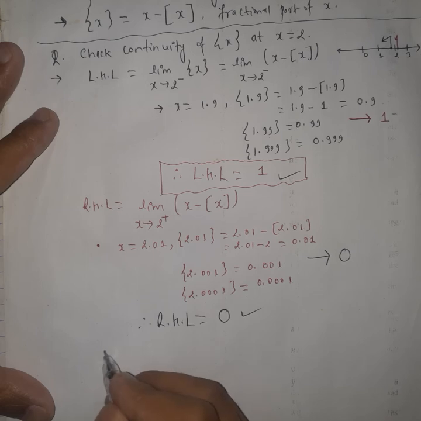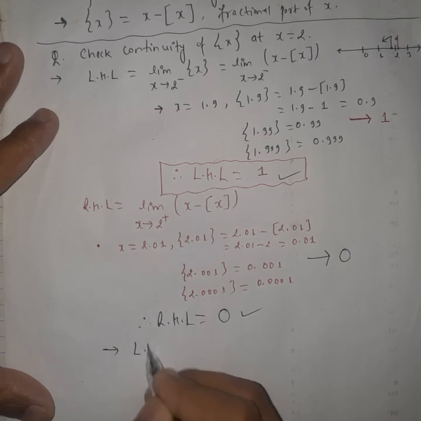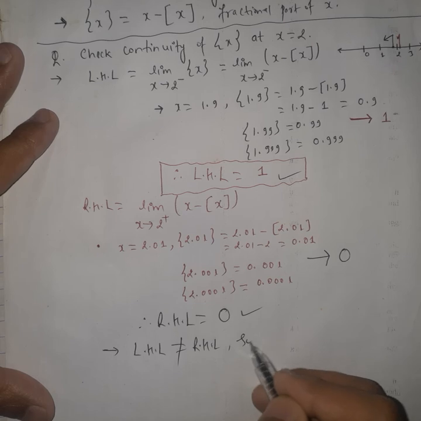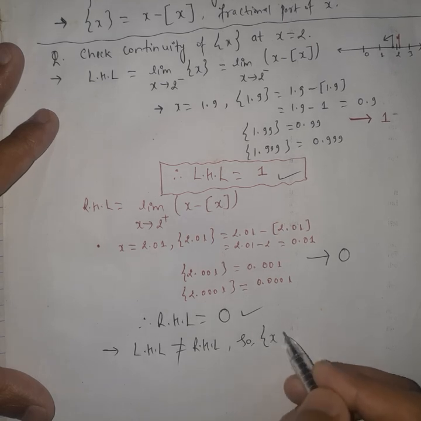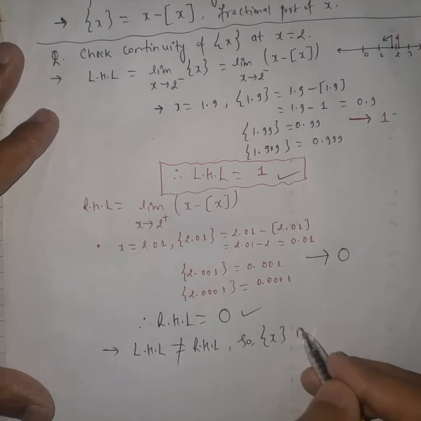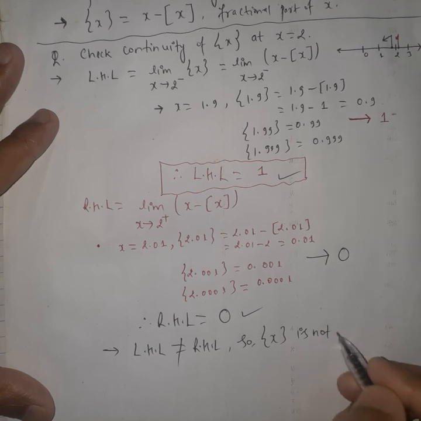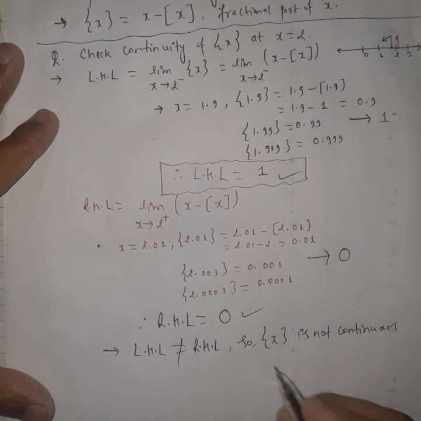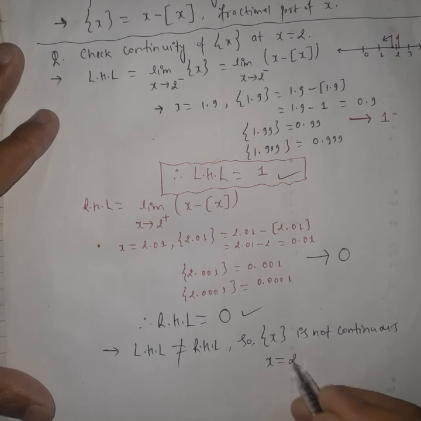So we can conclude that the left hand limit is not equal to the right hand limit. The fractional part of x is not continuous at the specified point x equals 2.